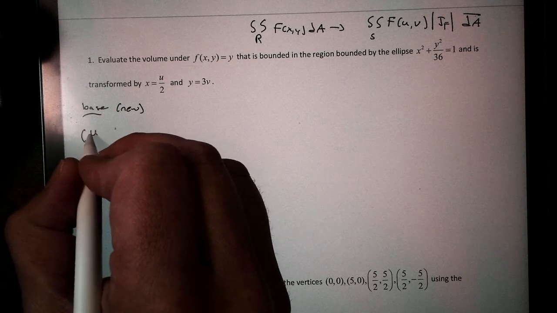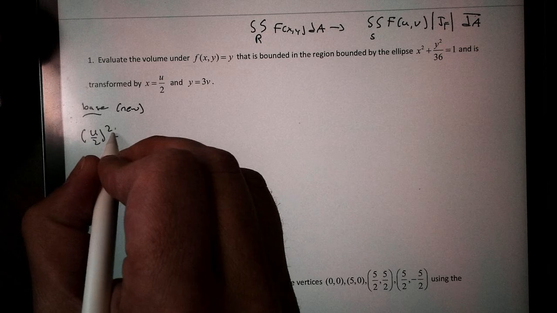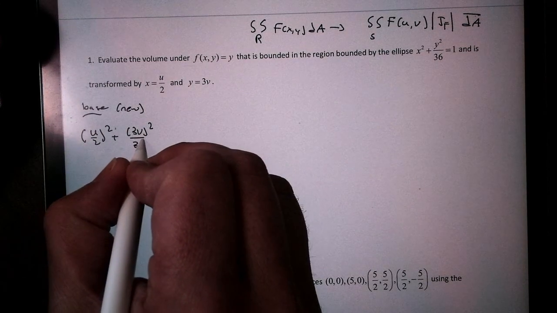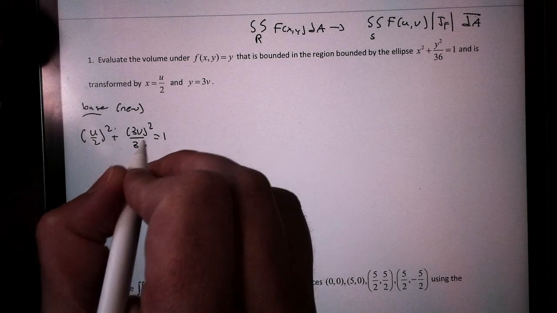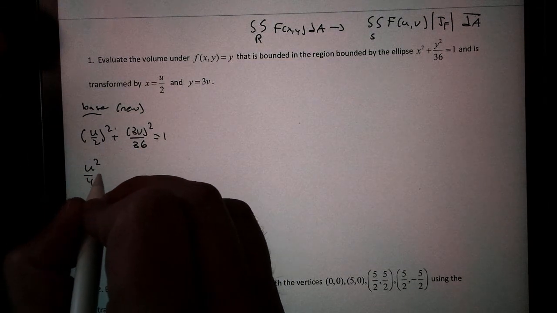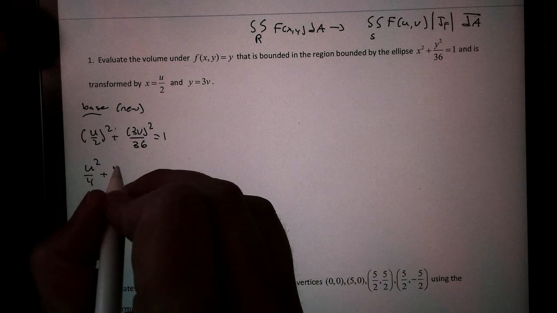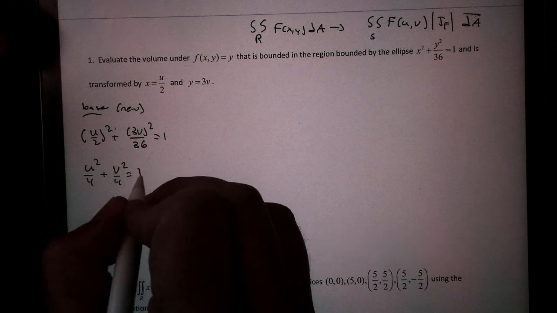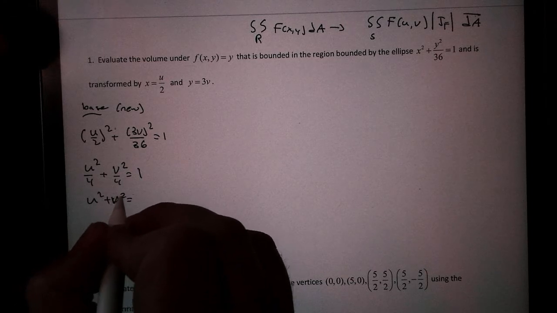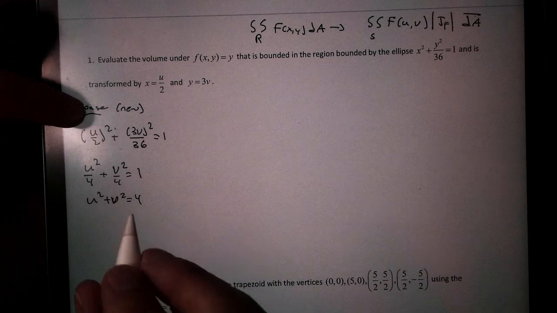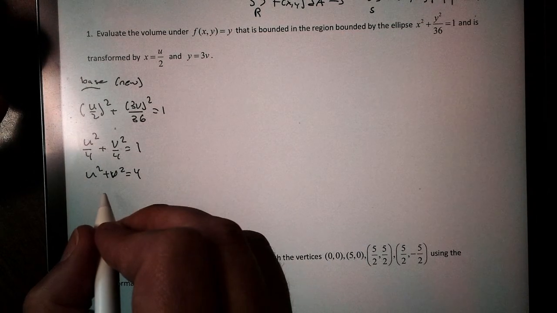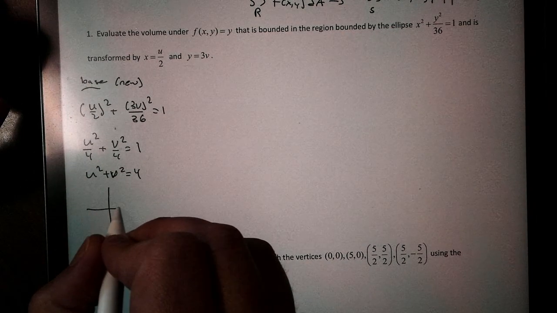This becomes u over 2 squared plus 3v squared over 36 equals 1. Which, of course, this becomes u squared over 4 plus v squared over 4, which is 1, or u squared plus v squared equals 4. Now remember, this is a circle right here. A lot easier to integrate than an ellipse.